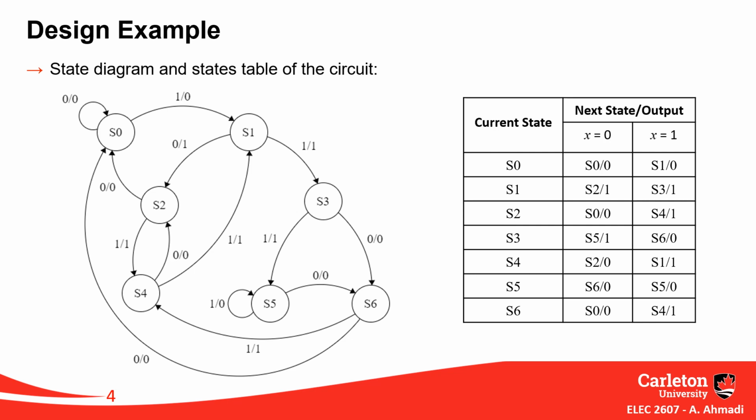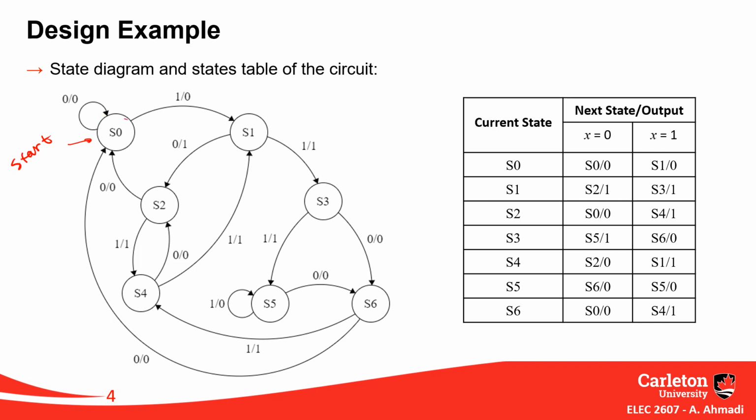For example, just to go through one example, when our circuit starts at startup, it will be at state 0, assuming that we have been receiving all zeros before. So if you receive another 0, you stay in the same state and your output will be 0.